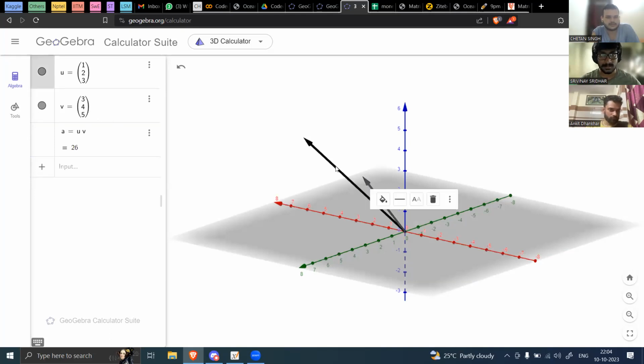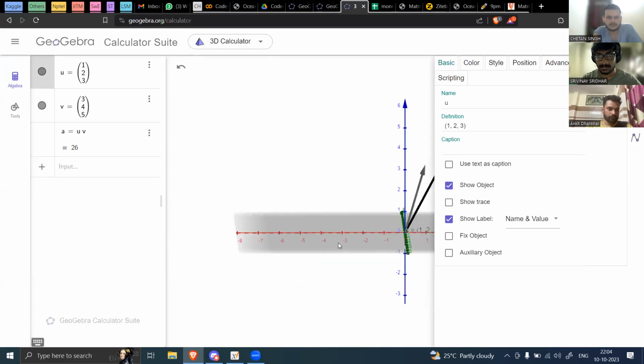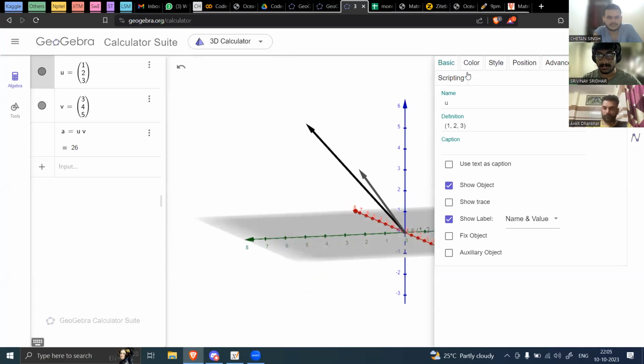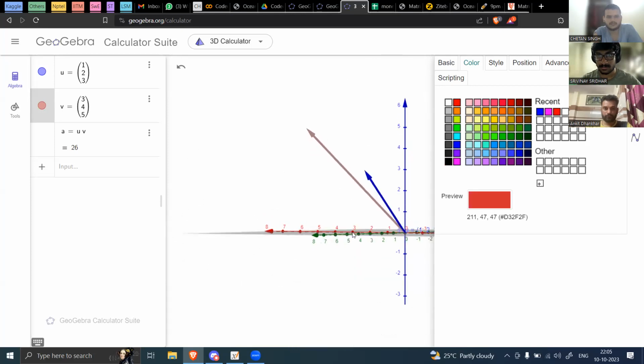Can you label those? Yeah, name and value. I changed the colors as well. Now for the other one, some different color, not the usual black. Okay, perfect.